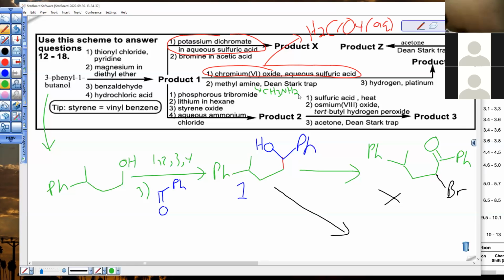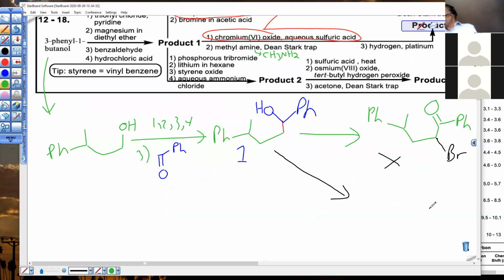And what happens to a ketone? You're going to make this ketone without the bromine. And ketones with primary amines make imines. Phenyl, double bond to nitrogen with a methyl on it. So that would be the choice there.